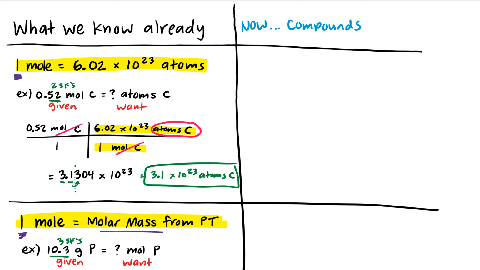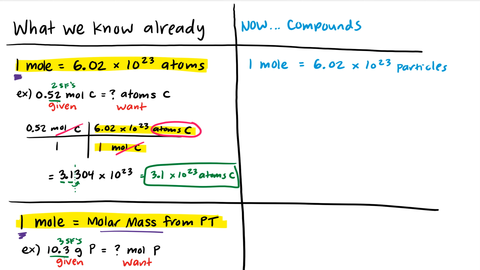So just like 1 mole of an element contains 6.02 times 10 to the 23rd atoms of that element, 1 mole of a compound will equal 6.02 times 10 to the 23rd particles.